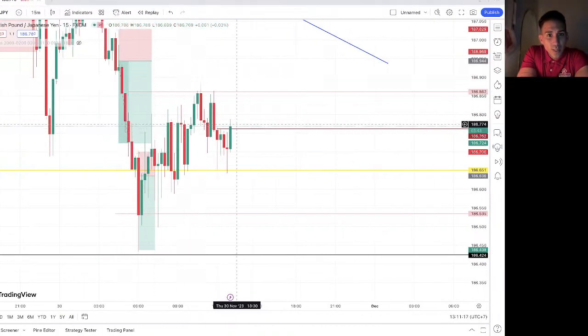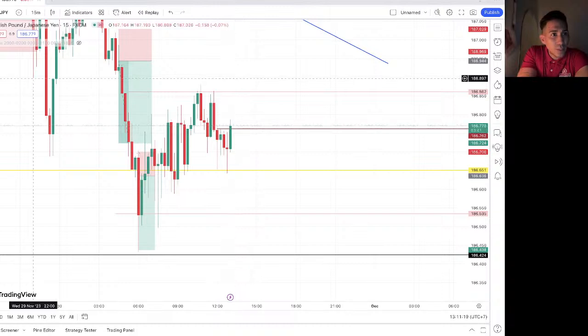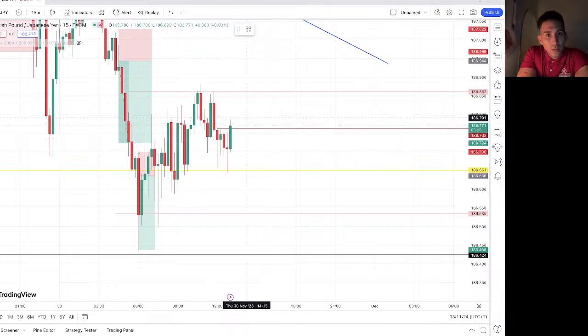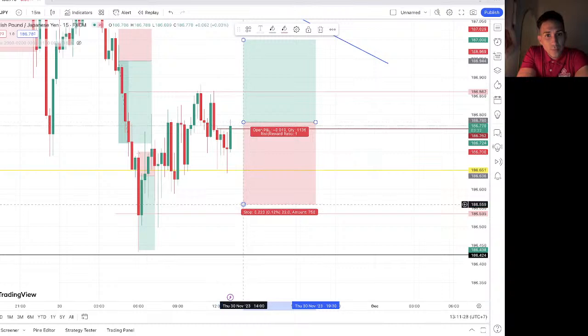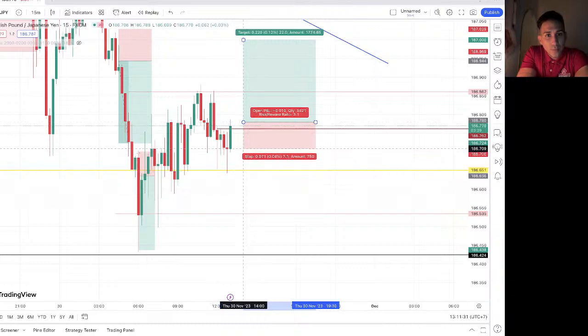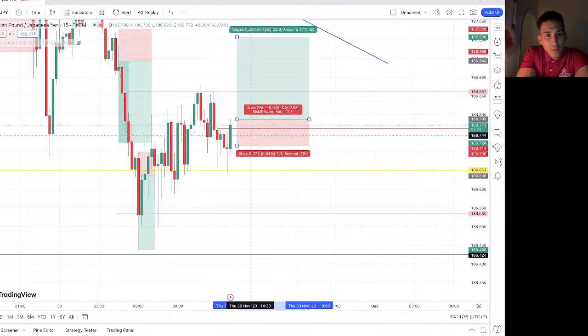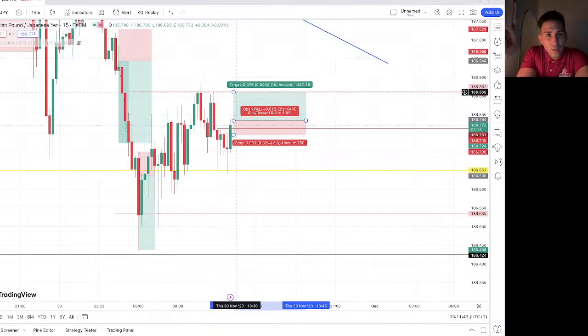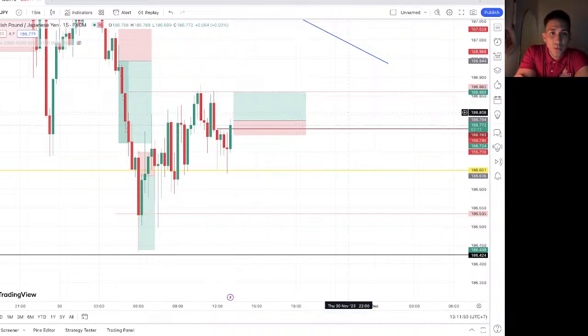So if we pass this candle, we're going to try a long position here. In my broker, I don't know what happened here. We have another candle here making a support. That will be our stop. And then, yeah, it'll be 1 to 2.